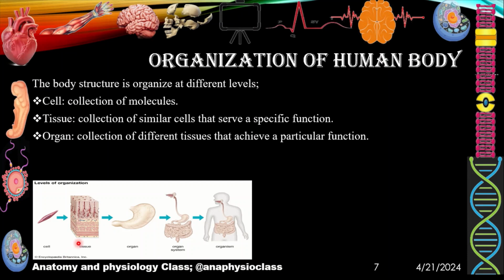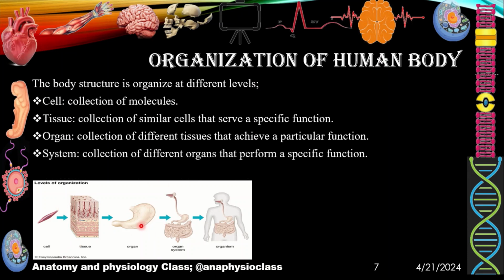Different types of tissues combine together to form an organ, while different organs combine together to serve a specific or complex function. For example, digestion of food is achieved with the aid of a collection of different organs.